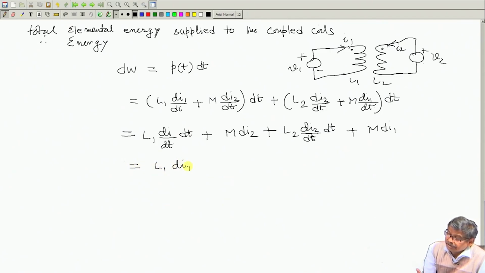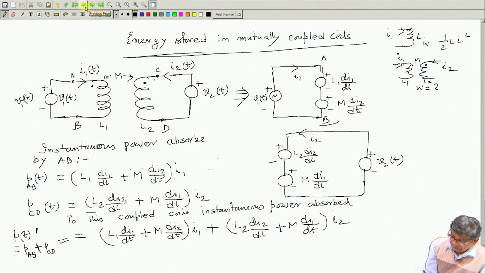Another important thing I missed, what is that? That is voltage into current, is it not? Hopefully I wrote it here in the previous section. Into I1 into I2.